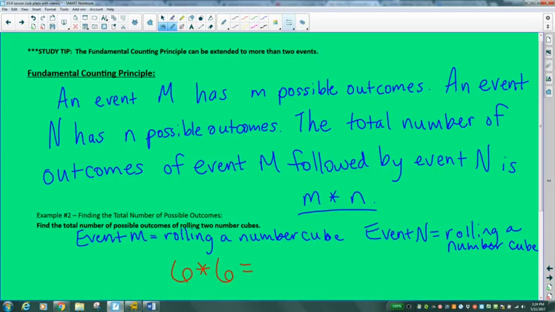So my total number of outcomes would be 36 possible outcomes. Using the fundamental counting principle allows us to get our answer a little bit more quickly than having to draw out our tree diagram like we did before.